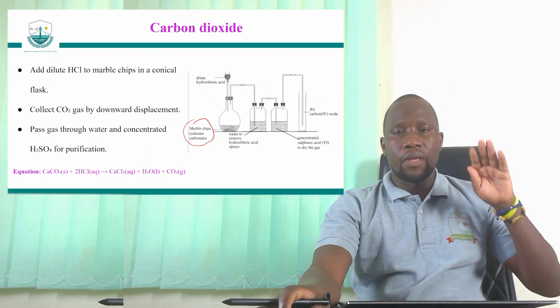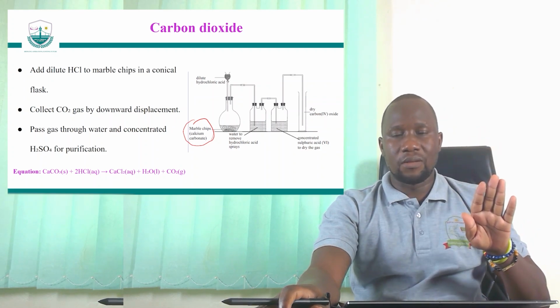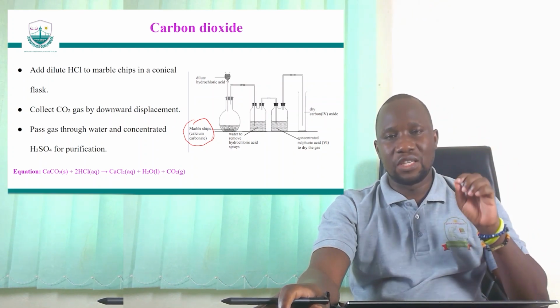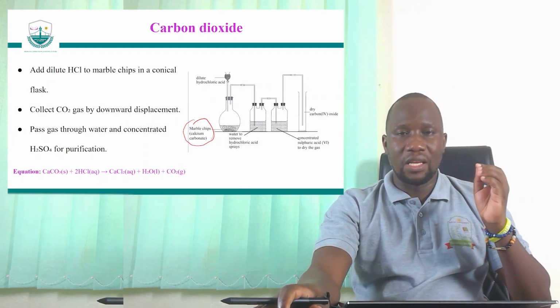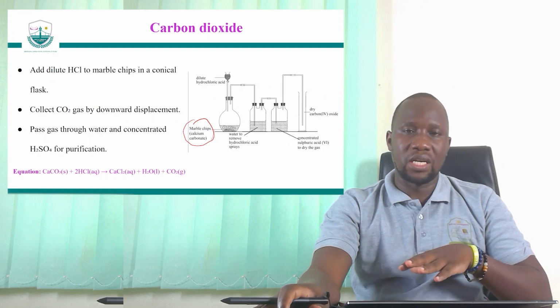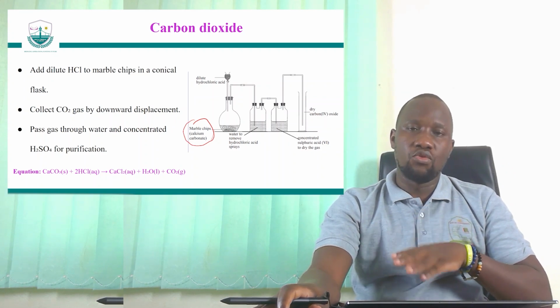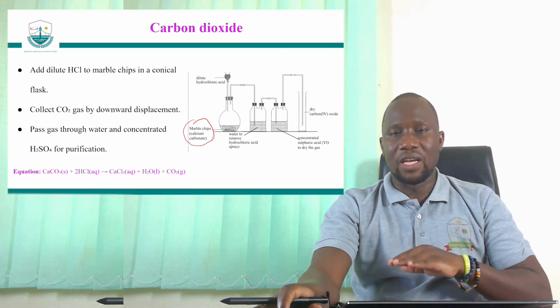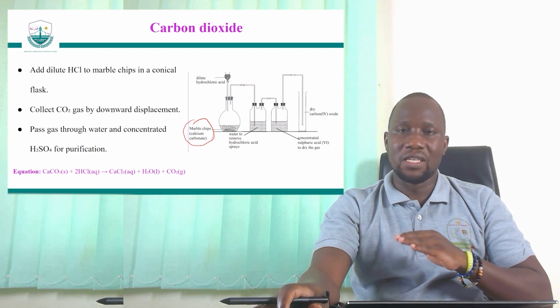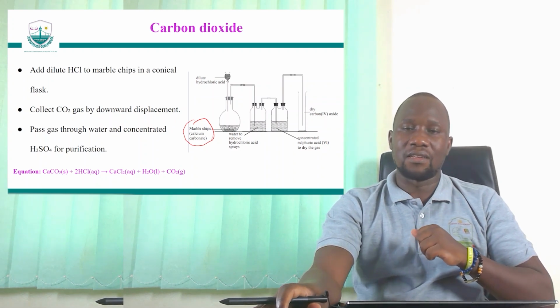So the carbon dioxide is first passed through water to remove the excess hydrochloric acid, and then it is passed through concentrated sulfuric acid to remove the water to make it dry. And it is collected by downward displacement because it is denser than air.